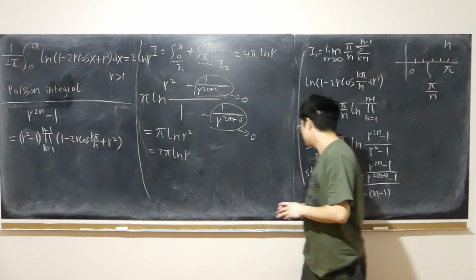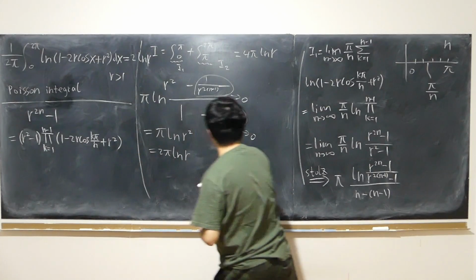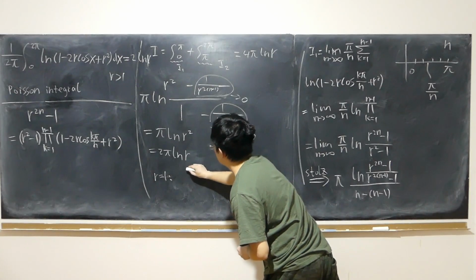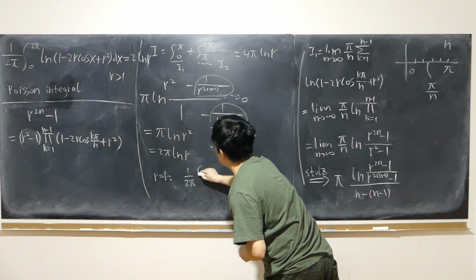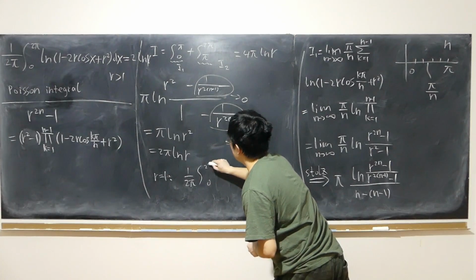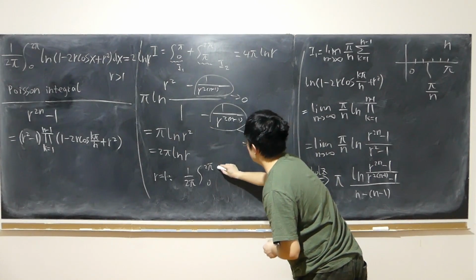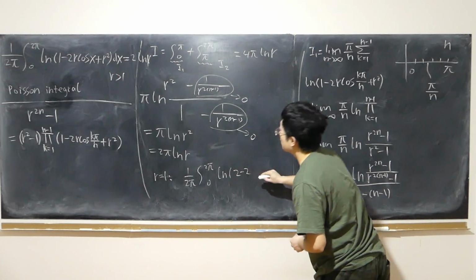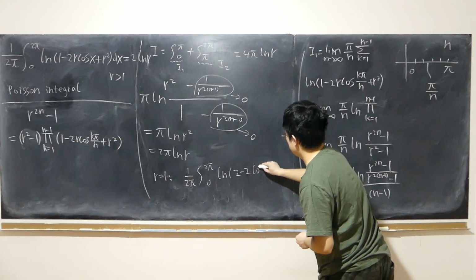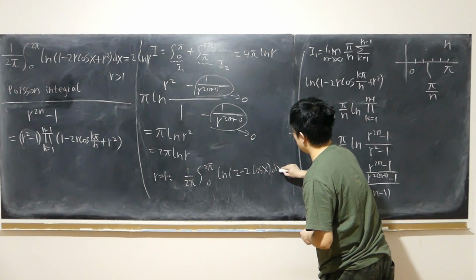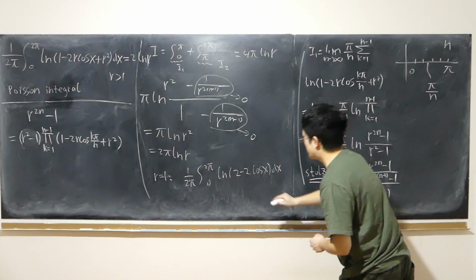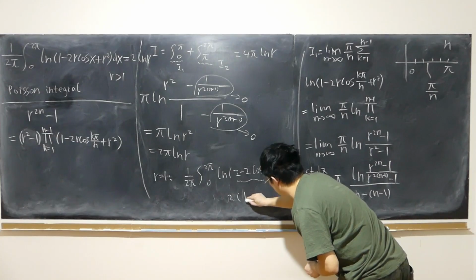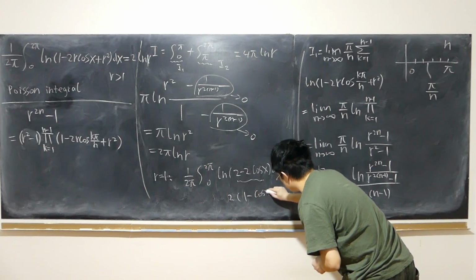That's going to eventually turn into the integral from 0 to 2 pi of log of 2 minus 2 cosine x dx. That part can be written as 2 times 1 minus cosine x.